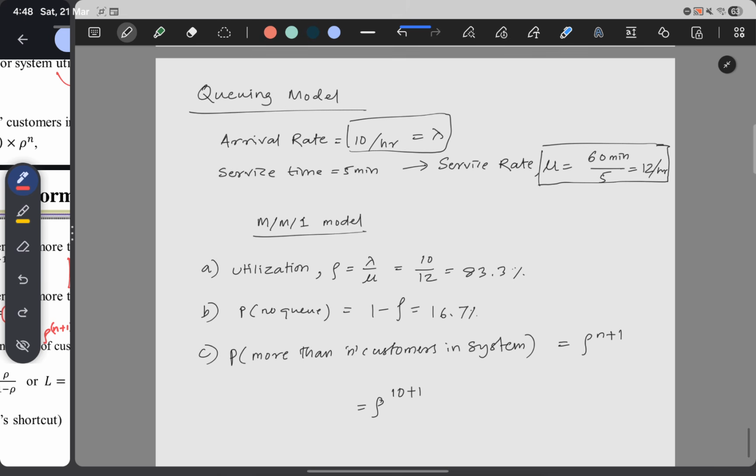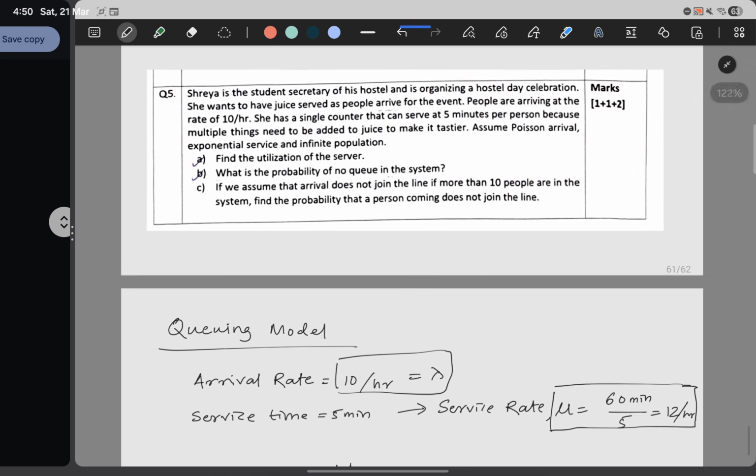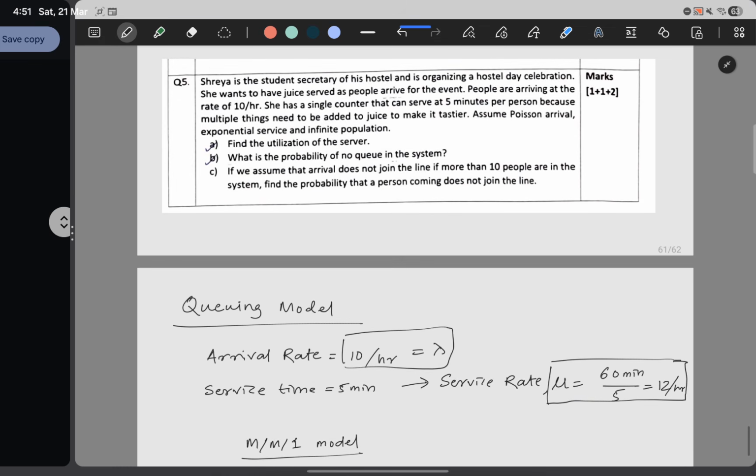If you see in the question paper, this is basically a question from the previous year paper. I have written down all the parameters. They've said that Shreya is organizing a party, a hostel day celebration, and people are arriving at the rate of 10 per hour.